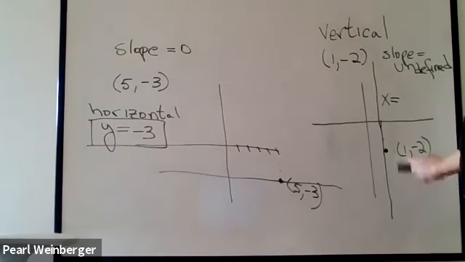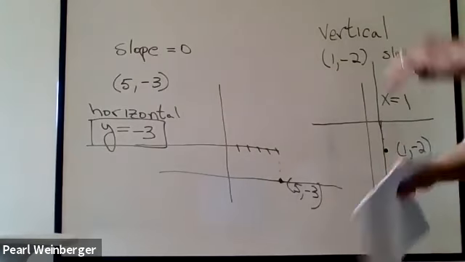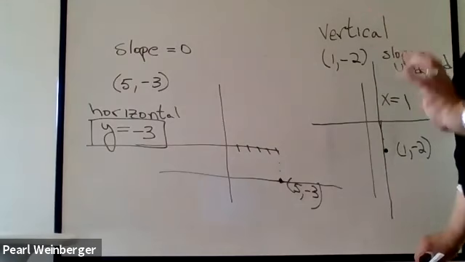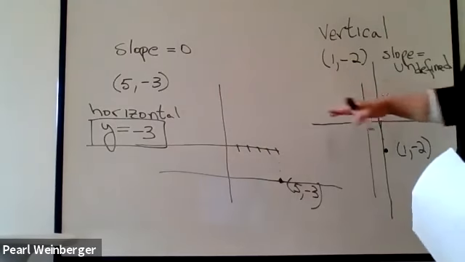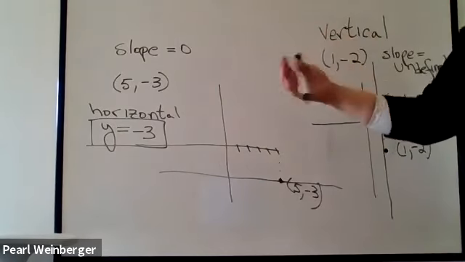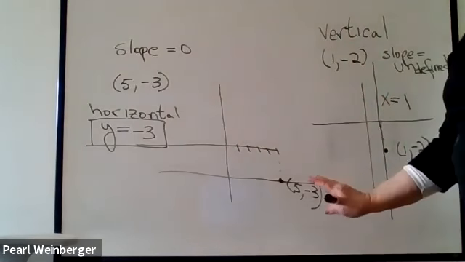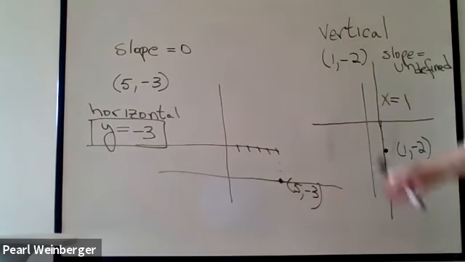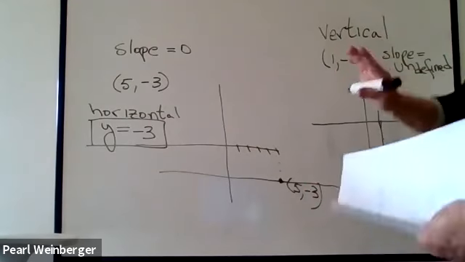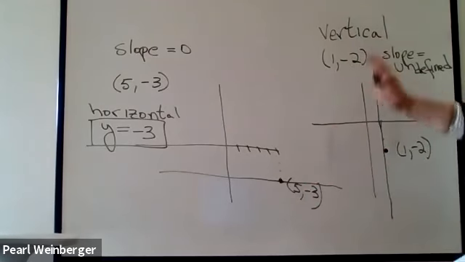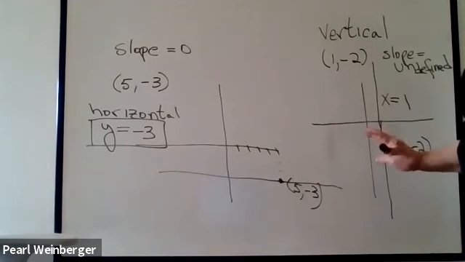Since the x here is 1, the equation of this line is x equals 1. So these are our two special lines. The horizontal line that always says y equals a number and has no x in the equation at all. And the vertical line, which has x equals a number and has no y in it. They're just the special two types of lines.